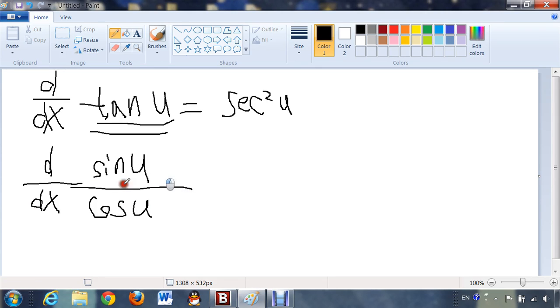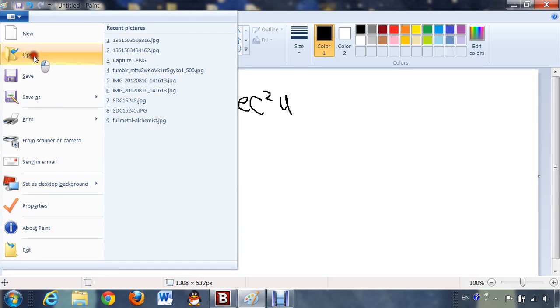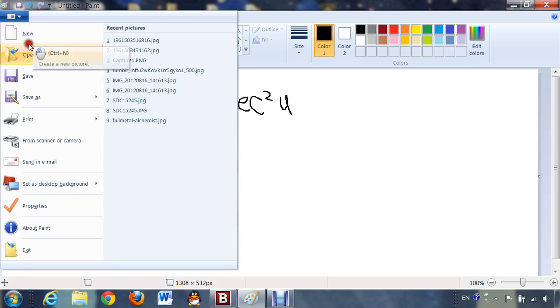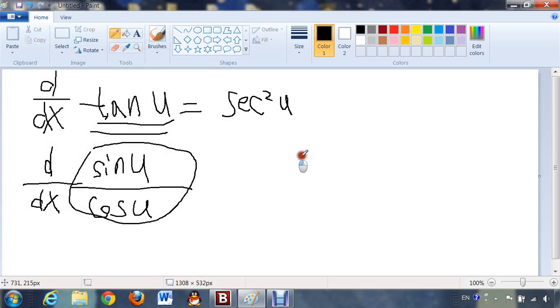If you want to take the derivative of this one, you have to use the quotient rule, right? So now let's do it. We can do it on the same page actually. So remember the quotient rule is this.